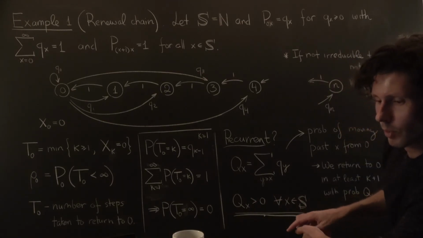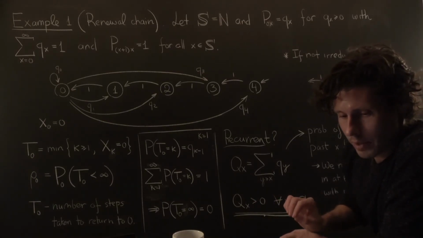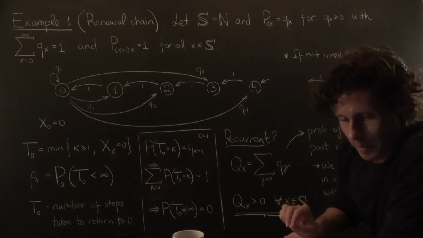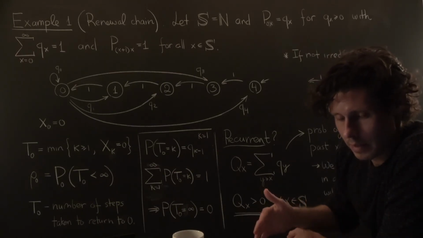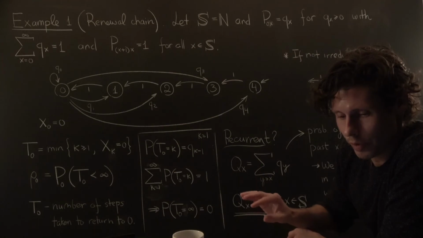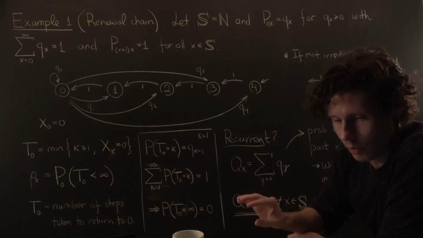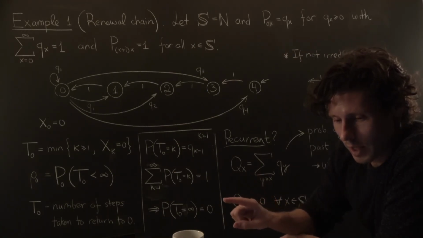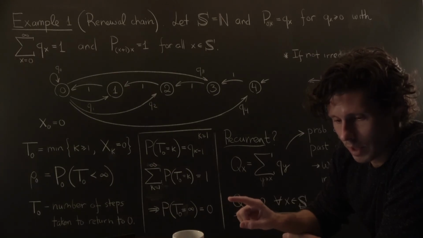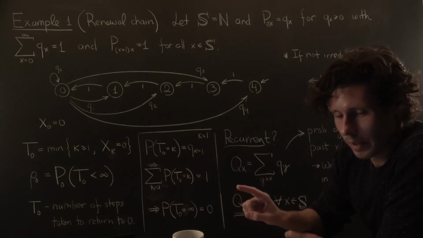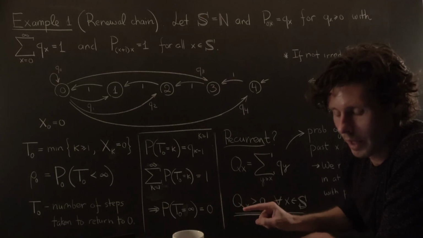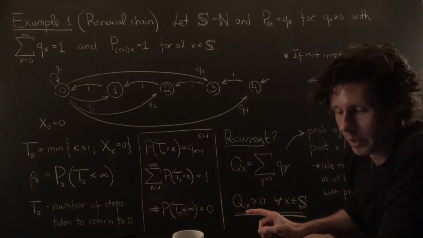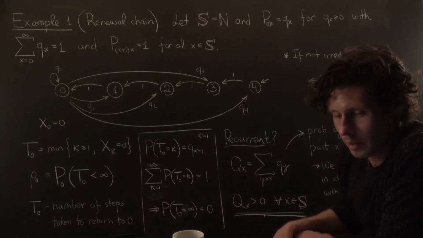So just one more time to review, what allows us to conclude recurrency for all states after showing recurrency for just one state is irreducibility. As soon as I claim that some state is not recurrent, I also lose irreducibility, and therefore I cannot claim the entire chain is transient.